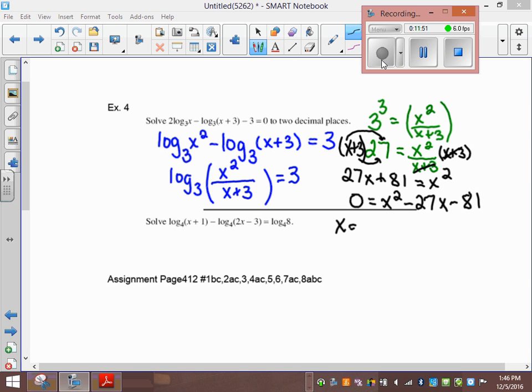So the first one is negative 2.72. If I plug in negative 2.72, does it work? It works for this one, because I still have a positive, but it doesn't work for this one. So that one's out. And then the other one's close to 30. 29.72.